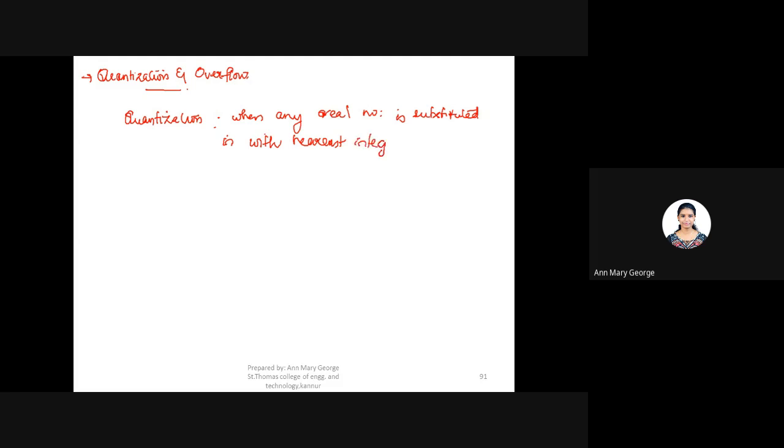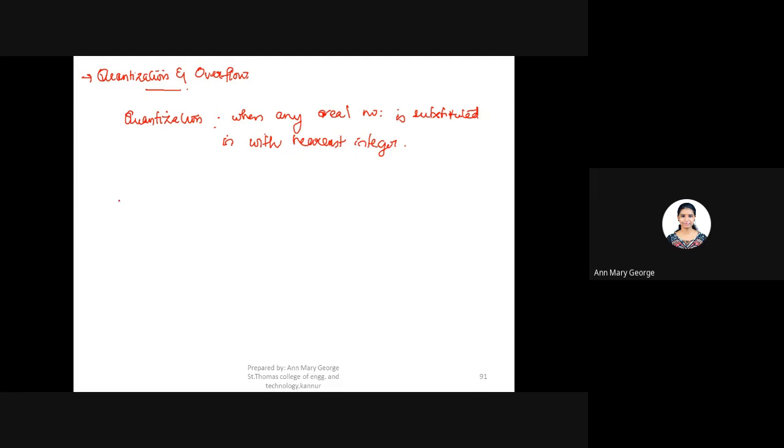Okay, means what? That you are rounding off the particular number. Basically it means the rounding off.